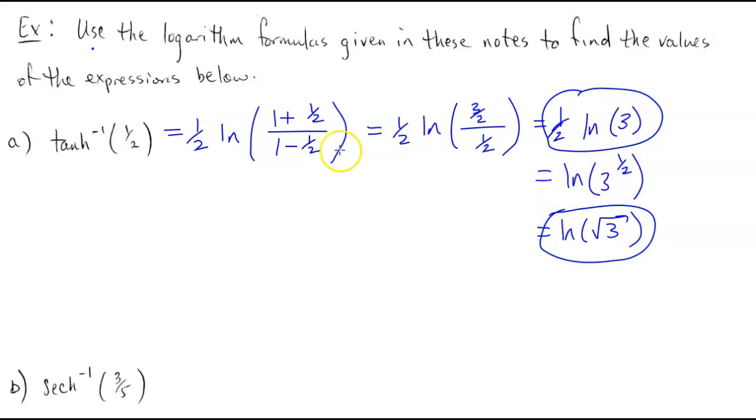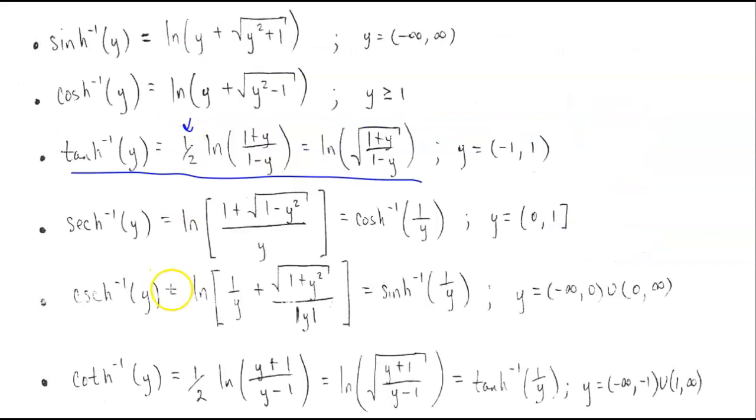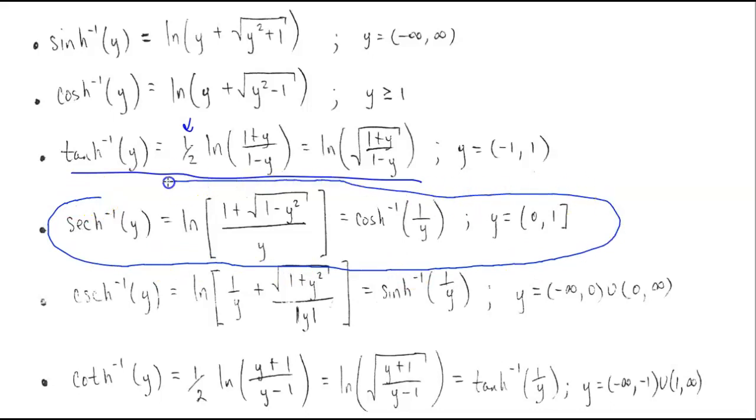All right, so for our second example, we see that we're dealing with Cosh inverse. And so if we look here for Cosh inverse, we see that we have this formula here. Oh, and I forgot to mention this, even though it's not that important for the last example that we did. Notice that the value of y that we had for our first example was 1/2.